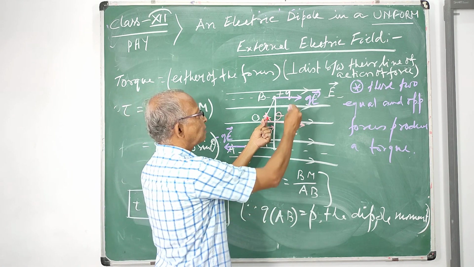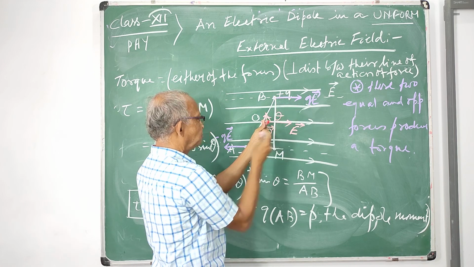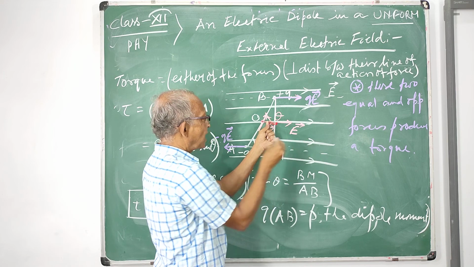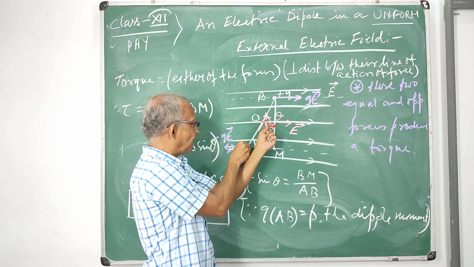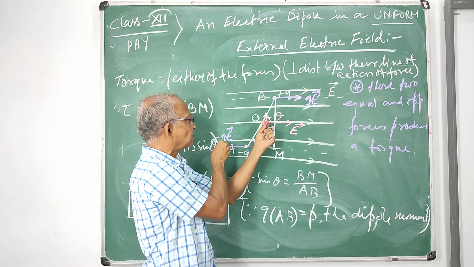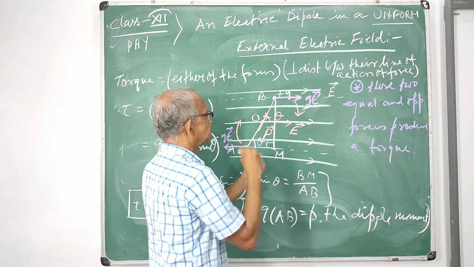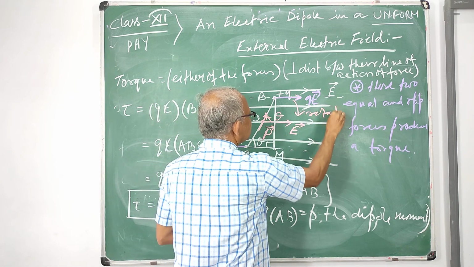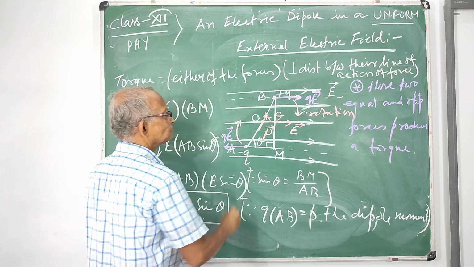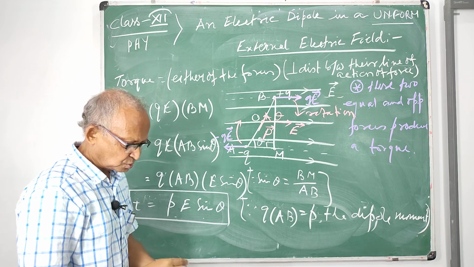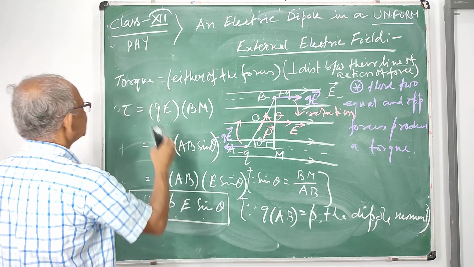So you think about that. If someone is pulling the rod AB along this direction at B and along this direction at A, then it will make a turning effect. So this will be a rotation. So what will be the direction of rotation? This rotation will be clockwise.